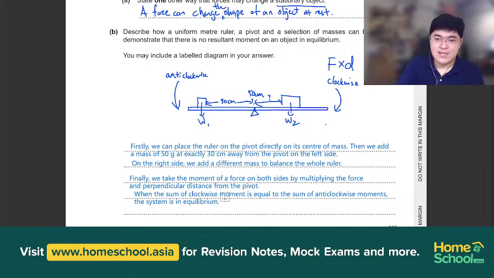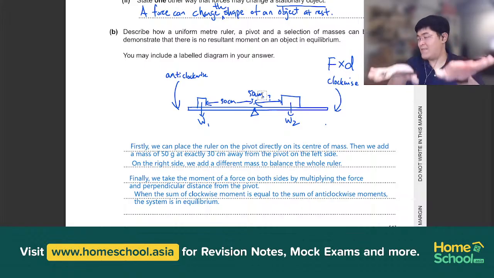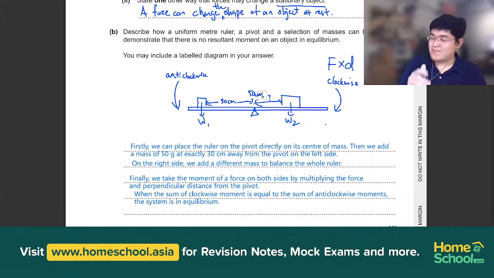Because when the sum of clockwise moments, as you calculate over here, is equal to the sum of anti-clockwise moments, and the two sides are balanced and not moving, this is the proof to show that a system in equilibrium should have no resultant moment.